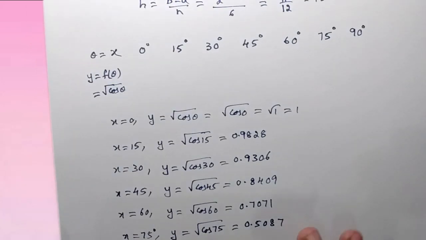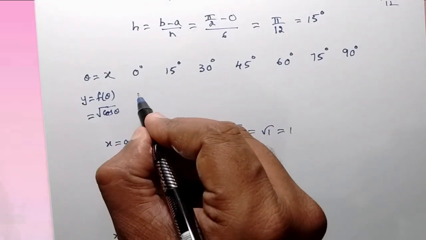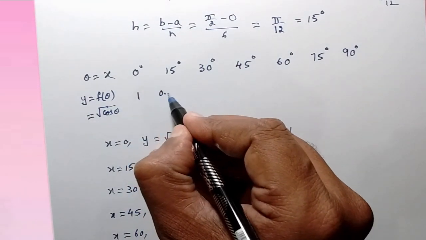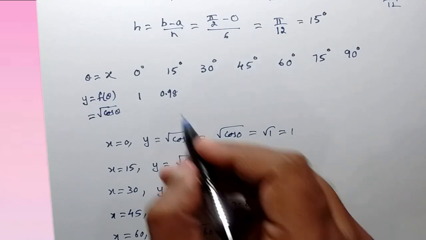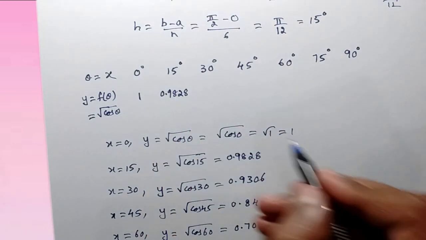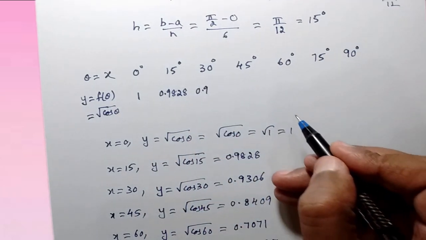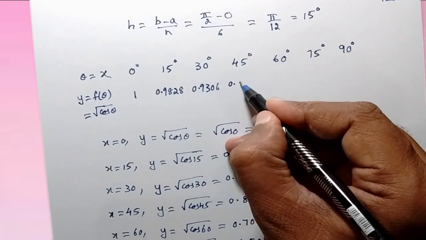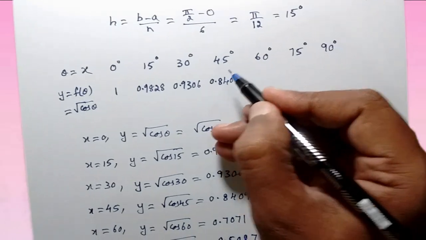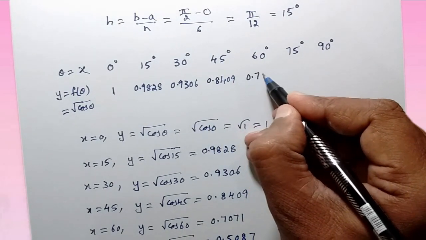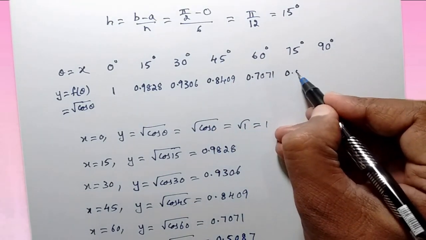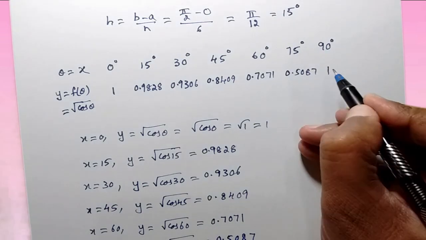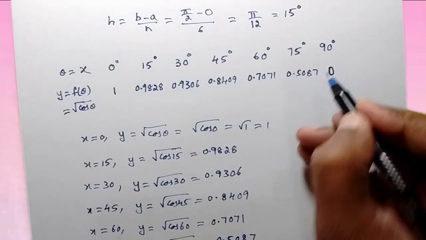Now if you write down all the values, the first value we got is 1, the next value is 0.9828, the next value is 0.9306, next is 0.8409, next is 0.7071, then 0.5087, and the next value is 0.